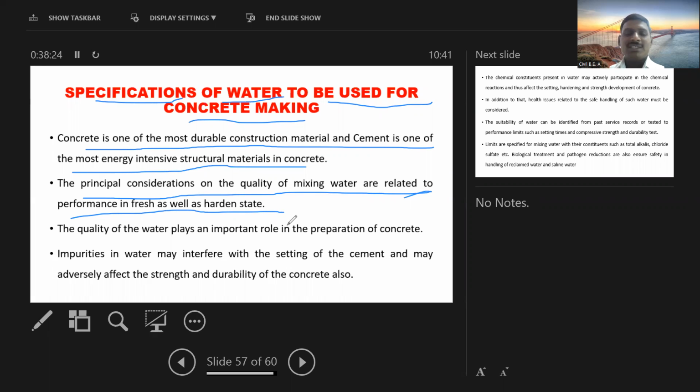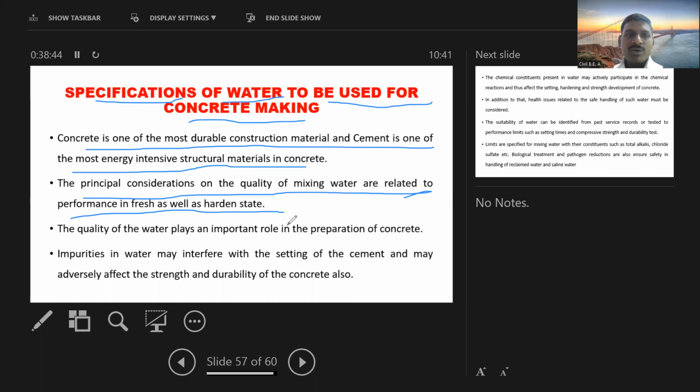So the water is also playing a very very important role. असं समजू नका की सिमेंट न स्ट्रेंथ येते, पाणीच ऍड नाही केलं तर सिमेंट आणि ऍग्रिगेट सॅन्डला काय व्हॅल्यू आहे? Are you getting? So the water plays a very very important role in the mixing of concrete.